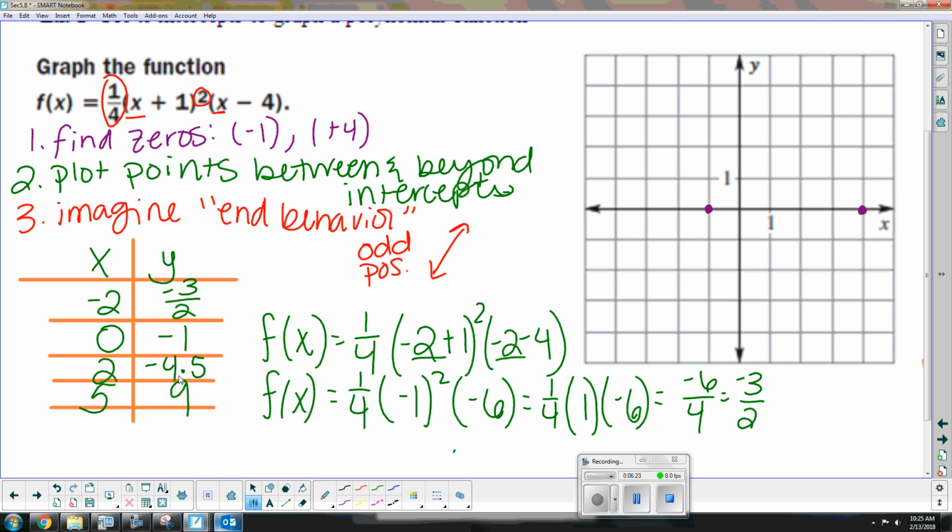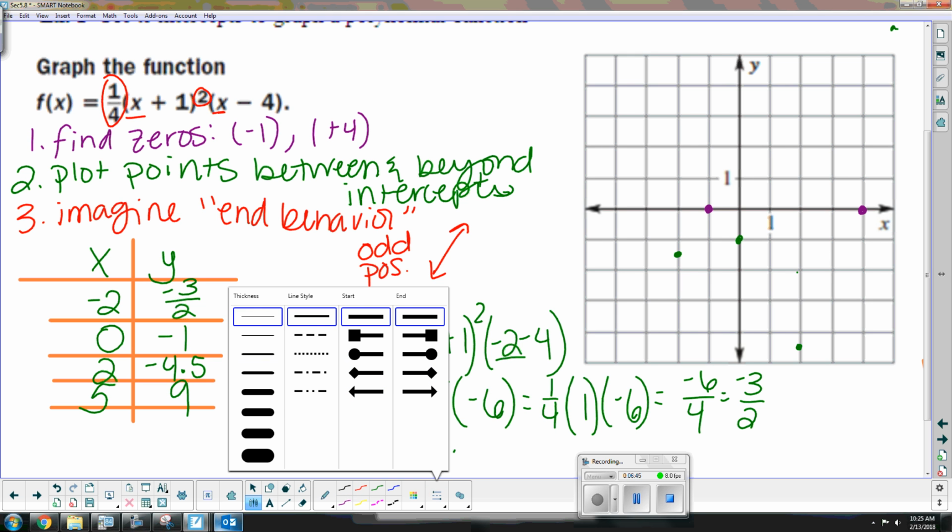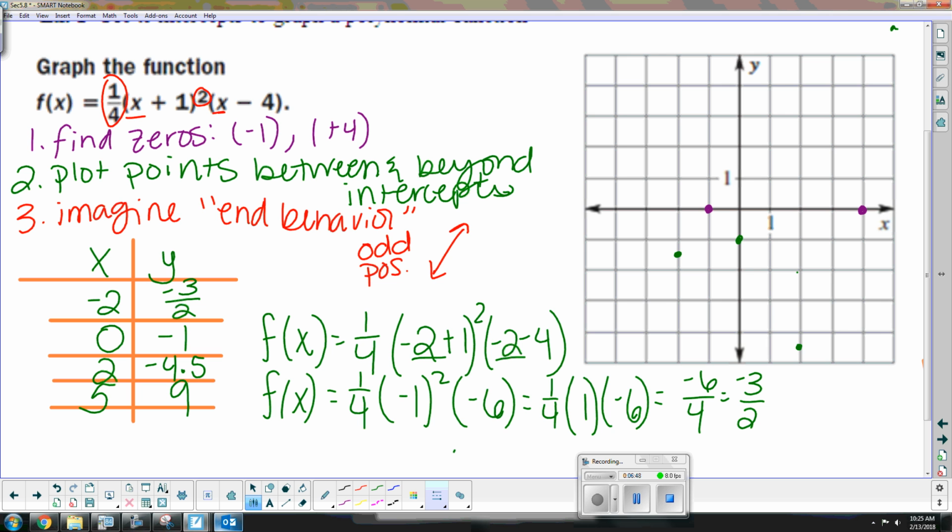So -2 and -3/2, 0, -1, 2, -4.5, and 5, and 9 is way up there. Alright, so I know that -1 is a repeat solution, so I'm not going to go beyond that. So here's what my graph will look like. Something like this.